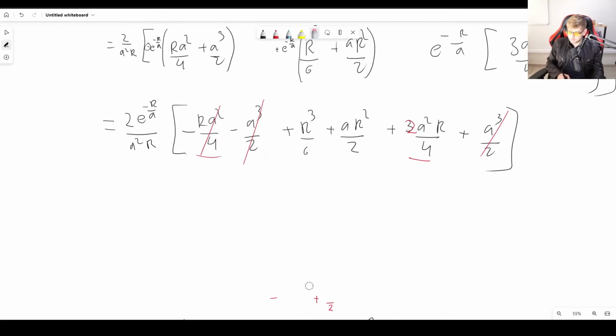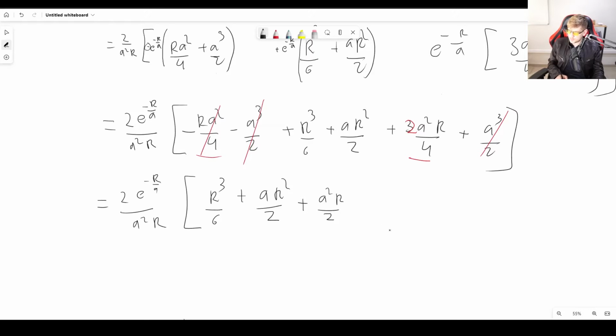Okay. Now, let's simplify everything, or let's write it out explicitly. So we are left with r cubed over 6 plus a r squared over 2 plus a squared r over 2.